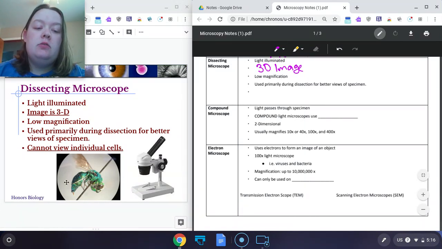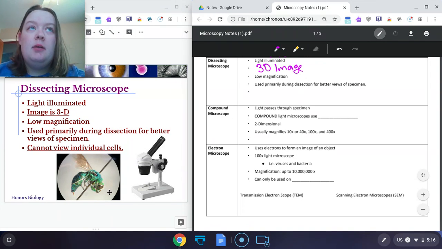So, for instance, if I was looking at a fly, I can see a fly with my eye, but I can't see all the little details on a fly. But if I were to look at it using the dissecting microscope, I can get much better visualization of this fly. It can also be used to view parts of organs better.